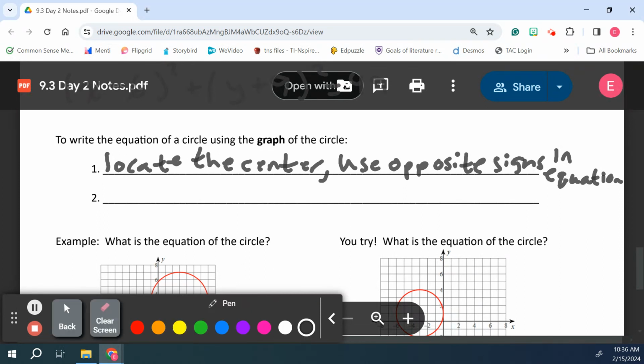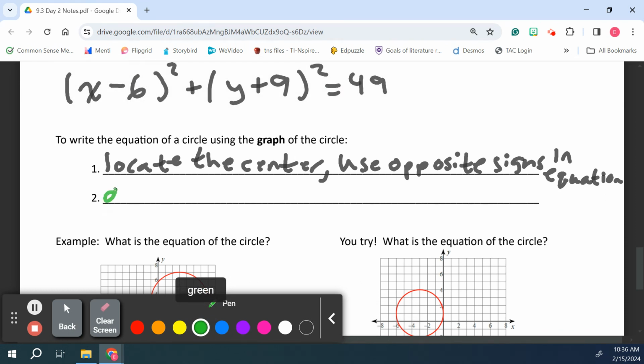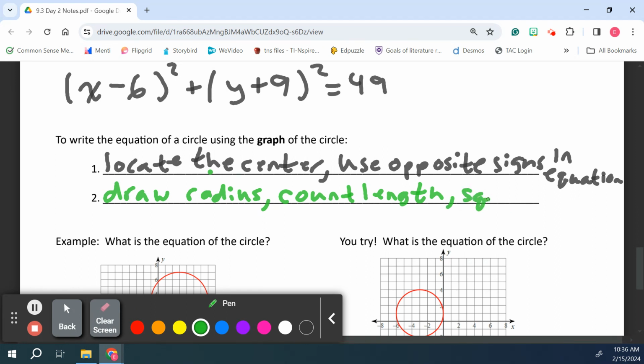All right, step 2 is draw the radius. Okay. Count the length. And square when putting into the equation.